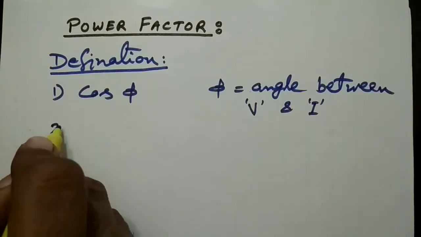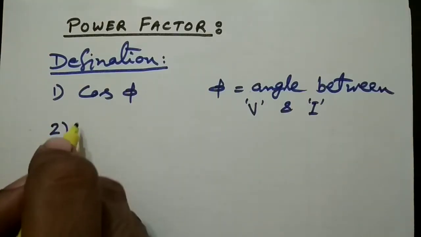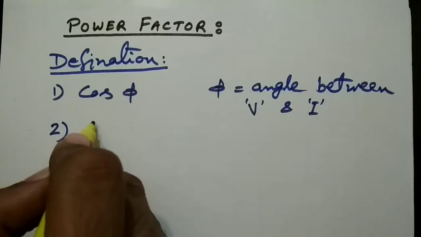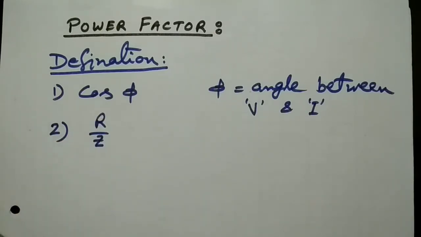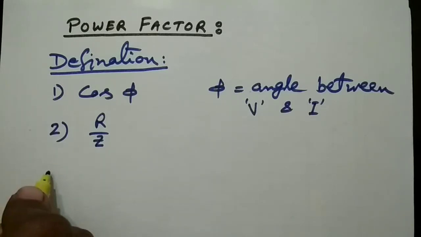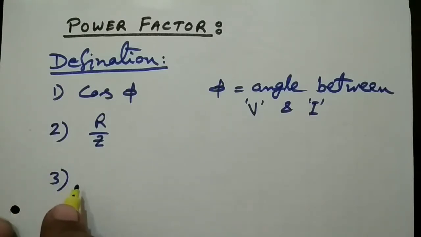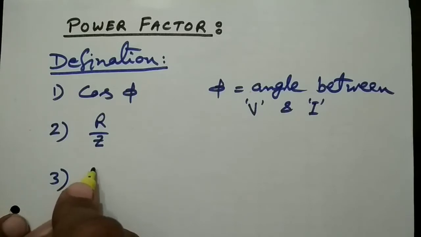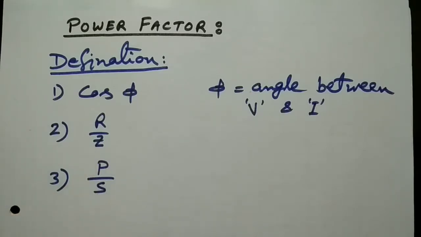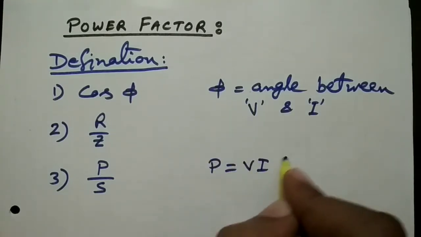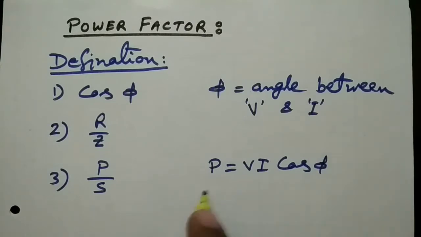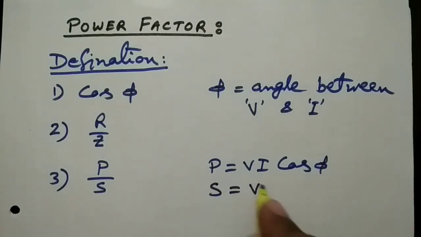The next definition is that the power factor can be defined as the ratio of resistance to impedance. And the third definition is that the power factor can be defined as the ratio of active power to the apparent power. As we know, the active power is VI cos phi and the apparent power is V into I, where V and I are in RMS.